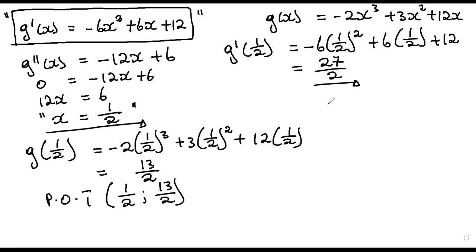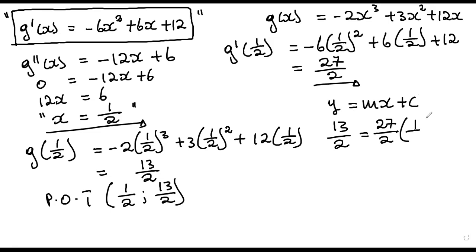So from here we understand a tangent is just a straight line and its equation has to be in the form y equals mx plus c. So we come back and say, what is the y value of the point of tangency? We found it to be 13 over 2. And then what is the value of the gradient? It's 27 over 2. What is the x-coordinate of the point of tangency?